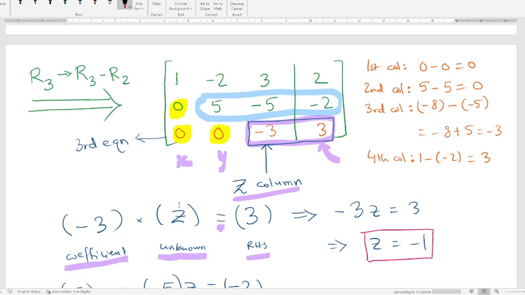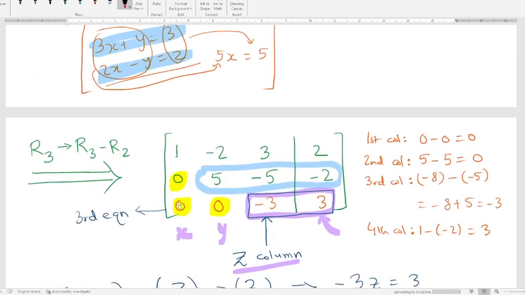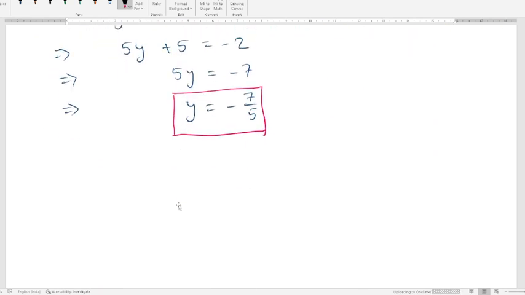And finally, in the first row, we have got 1, negative 2, 3. Right?